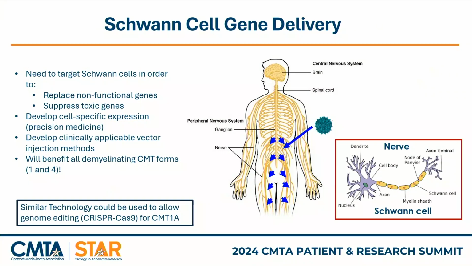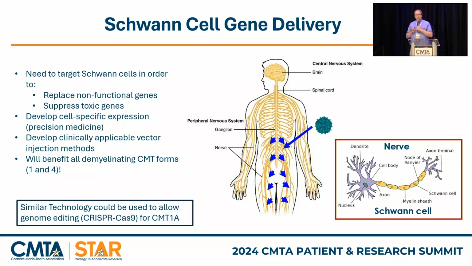So the other aspect I just wanted to mention is, again, that delivery is a really important aspect of all these gene therapies. So we've been trying to develop new modes of delivering ASOs or RNAi or CRISPR-Cas9 or other things.